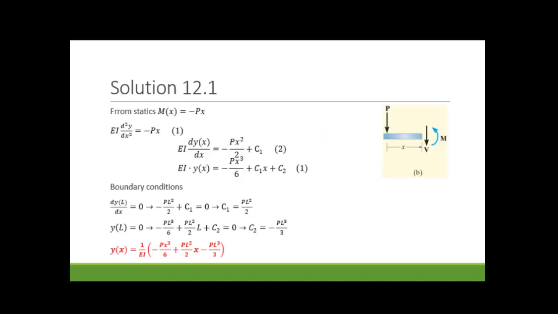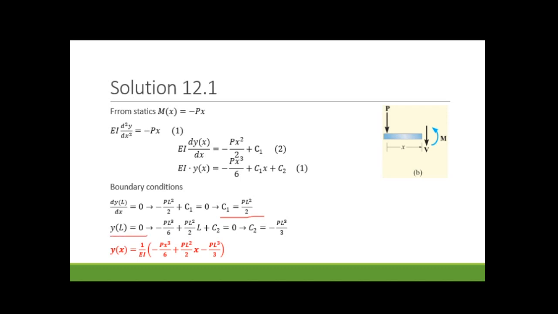So I apply the formulation in here, and first of all I want to start with the slope. After starting with the slope, I can find the C1 coefficient. Also in the second boundary condition, y(L) is equal to 0.